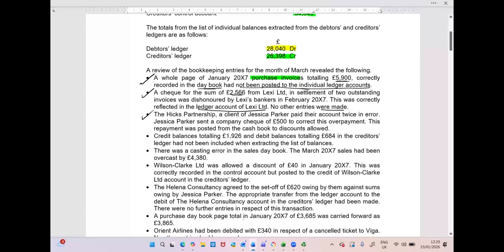Number 3, the Hicks Partnership, a client of Jessica Parker, paid their account twice in error. Well, Hicks has paid me twice. So what we need to do is give that money back to Hicks.